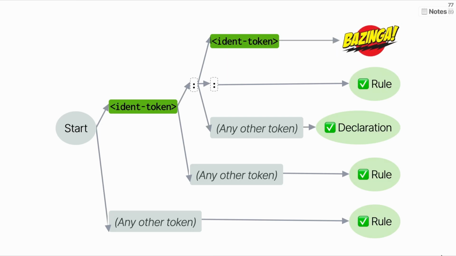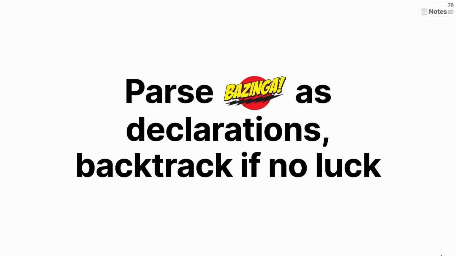So basically, the only case where this is an issue is if you have ident colon ident. So the strategy is to parse these as declarations and backtrack if no luck. This means you have 0 performance impact for declarations, and a small one for like 2% of rules. Worst case, you just do double the work for 2% of rules.